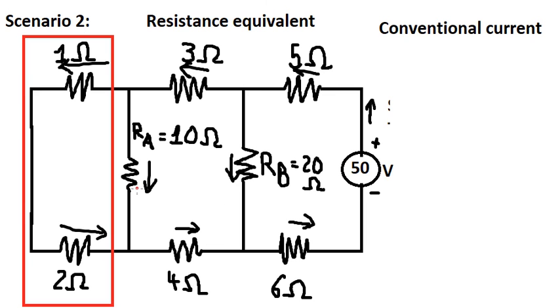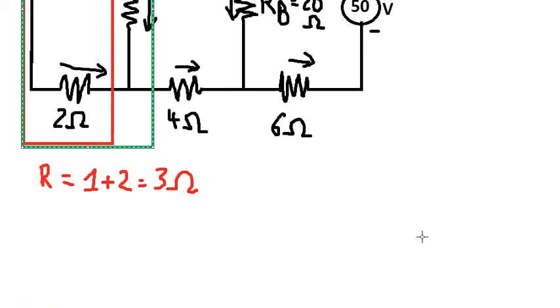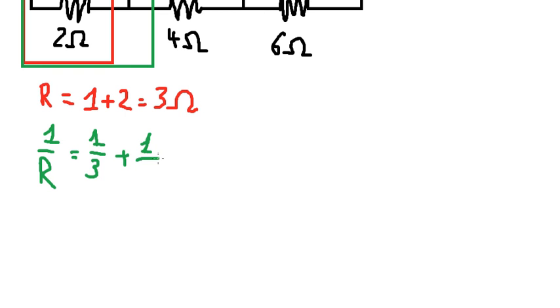Now in the next one, we have the green one in here. We can see that the red one is parallel to R8. So we have the formula in here: 1 over R equals 1 over number 3 plus 1 over number 10.